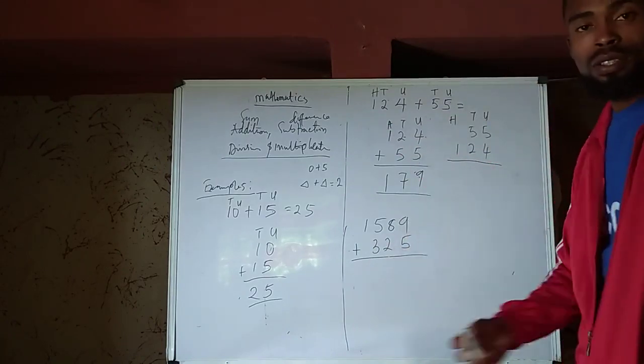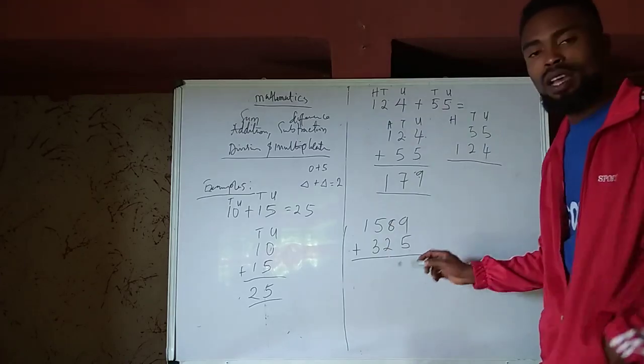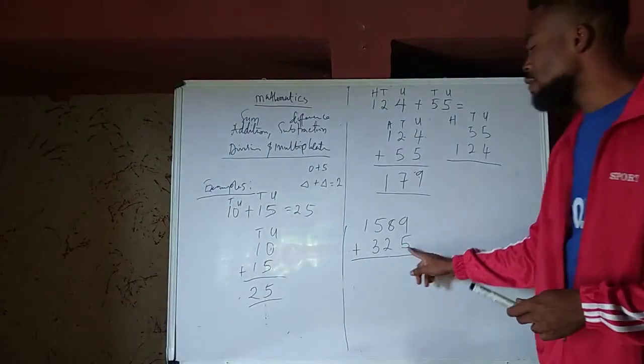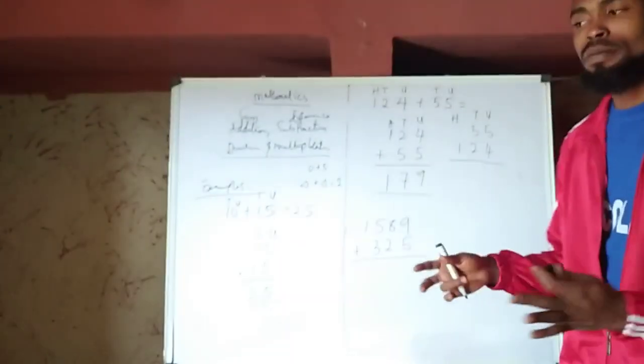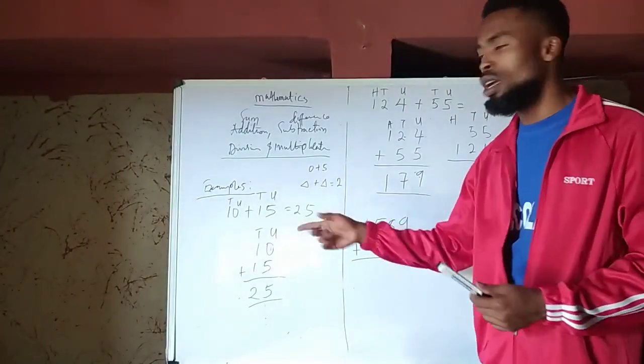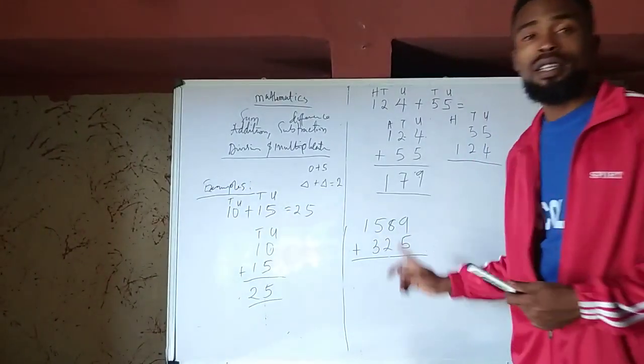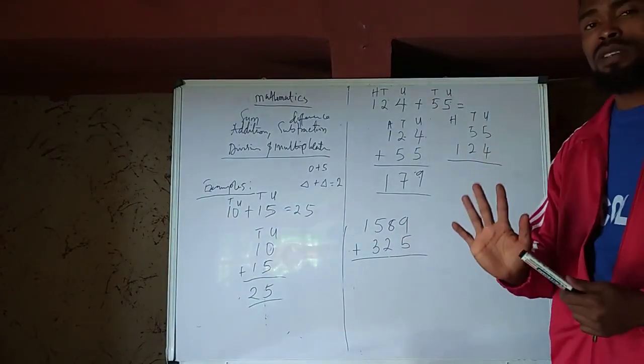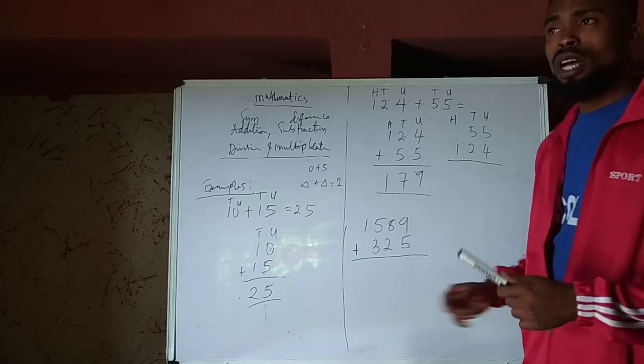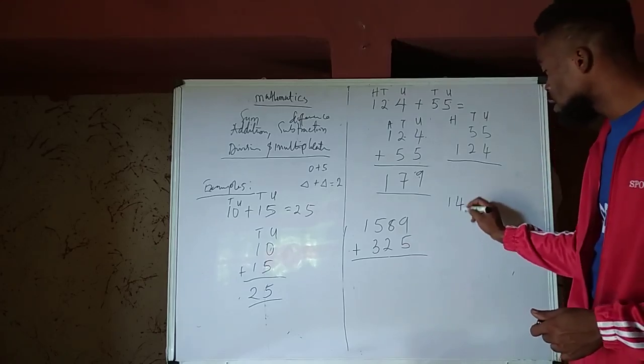So this will start off with 9 plus 5. But 9 plus 5 gives us what? 14. If you add 9 items to 5 items, you can try our counting method and you get the answer. 9 plus 5 gives us 14, right? So that means we have 14.